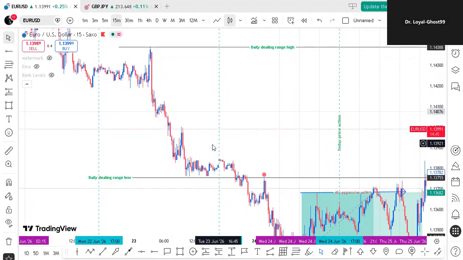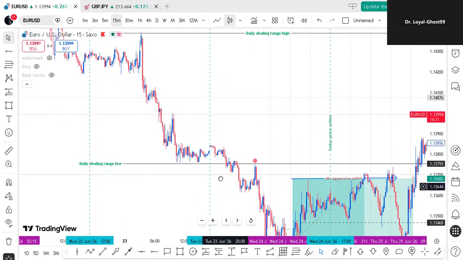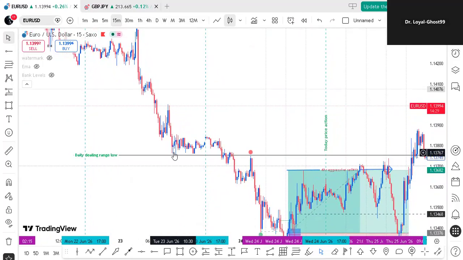All right, so if this was our dealing range, we see how the price action is behaving coming into the new day. It started off by breaking below this low right here, the previous 4 hour low.